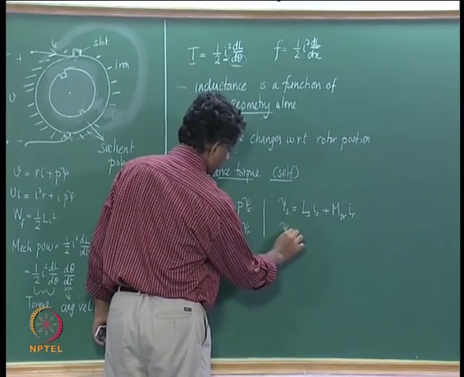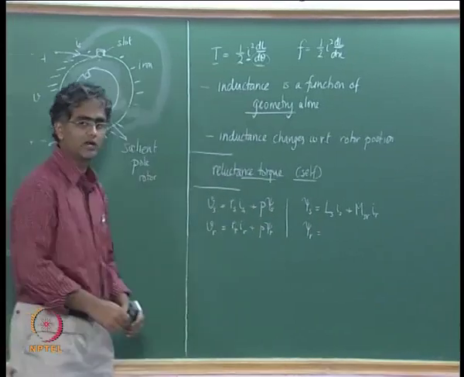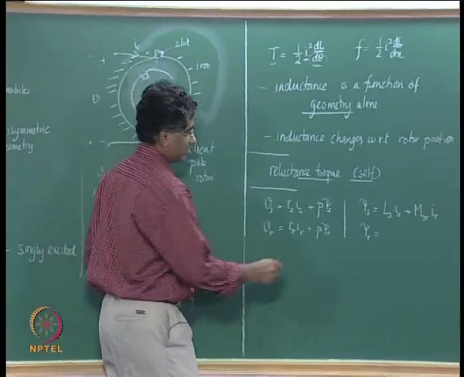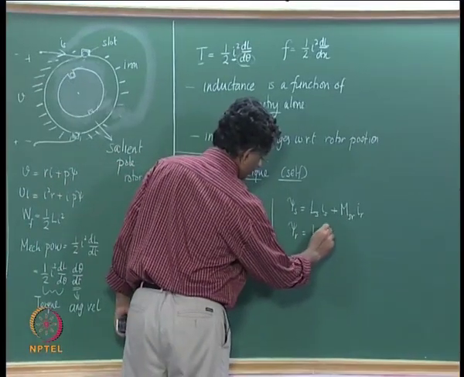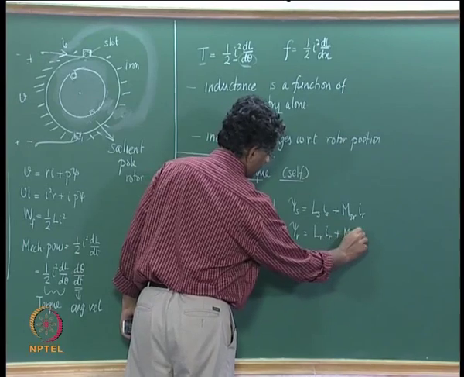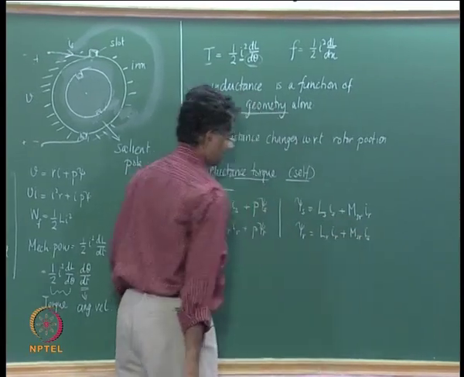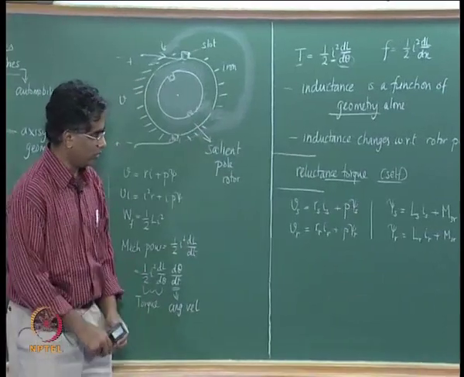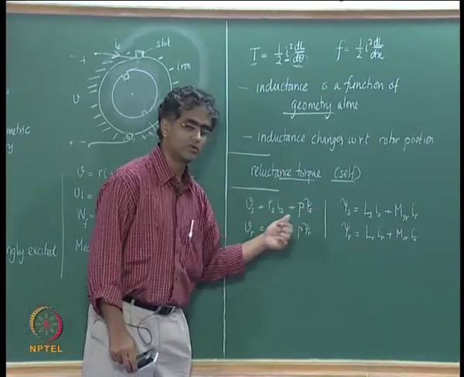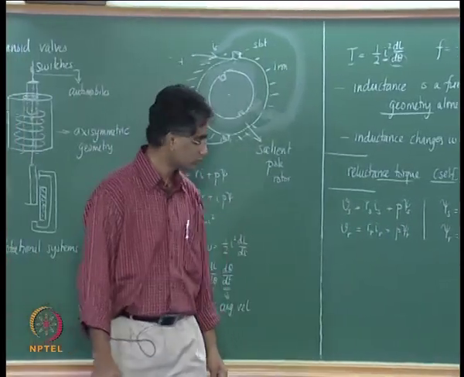And similarly you write an expression for psi r, which is the flux linkage for the coil in the rotor, that is then LR multiplied by IR plus MSR multiplied by IS. So these are the expressions that need to be substituted for psi s and psi r here.